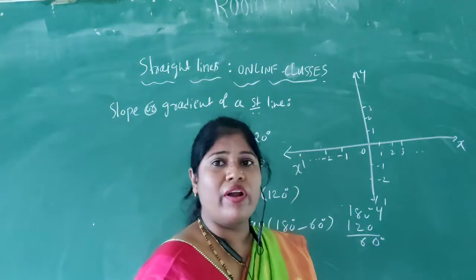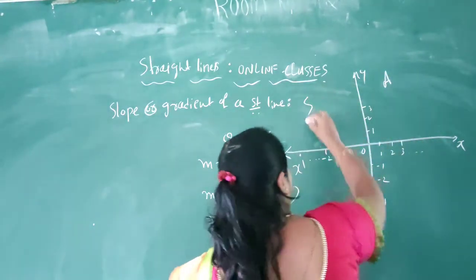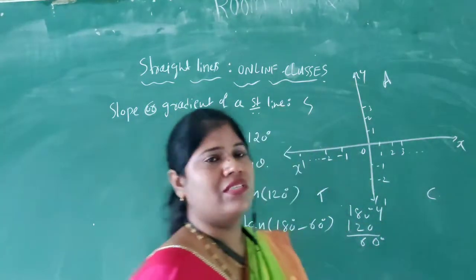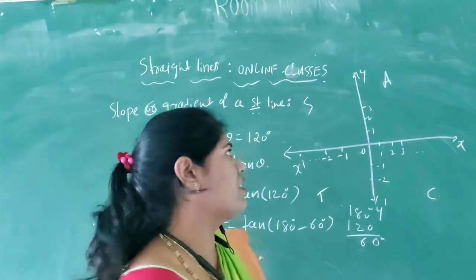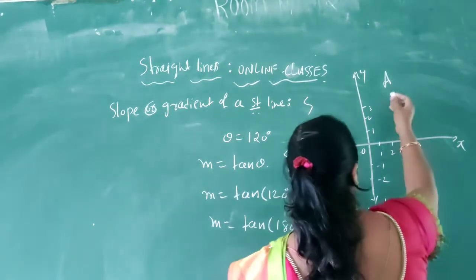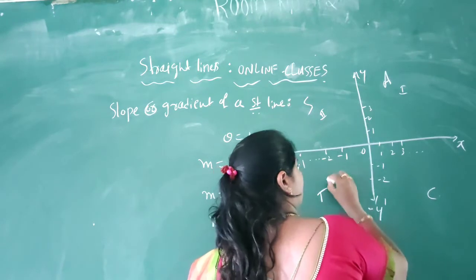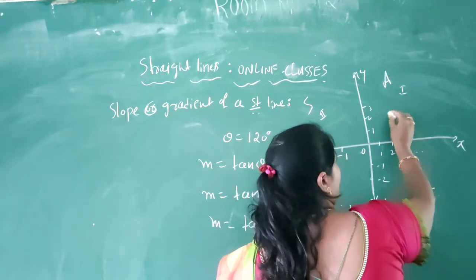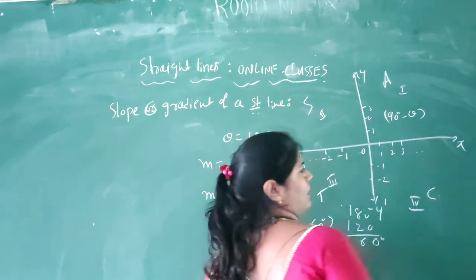In the first quadrant, we have to use this ASTC chart, which we have already learned in trigonometric functions. This is the first quadrant, second quadrant, third quadrant, fourth quadrant. In the first quadrant, 90 degrees minus theta will be there.